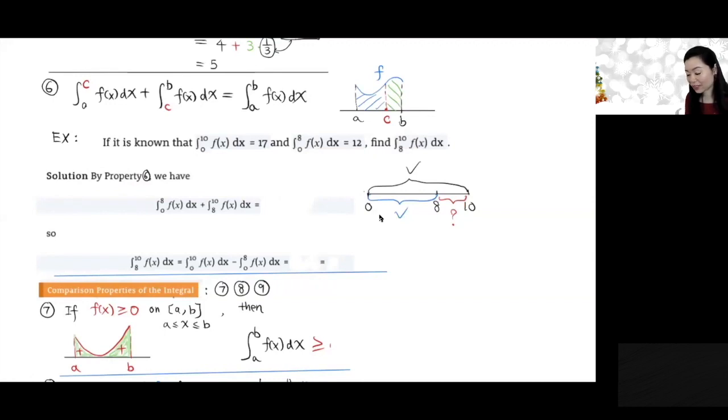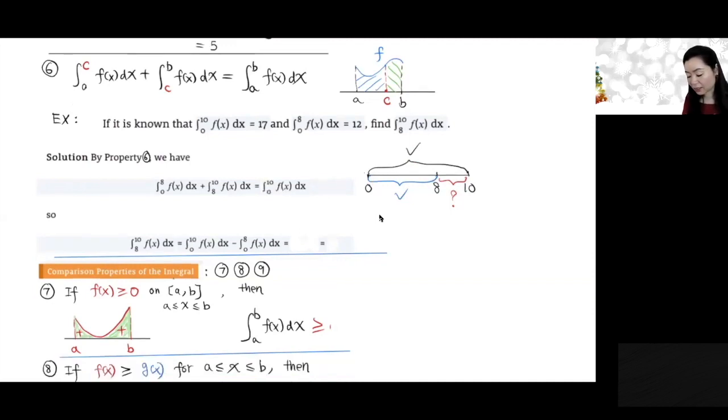You can use this property. We use the integral from 0 to 10 and subtract the integral from 0 to 8. That will give us the integral from 8 to 10. That's going to equal 17 minus 12, which is equal to 5.